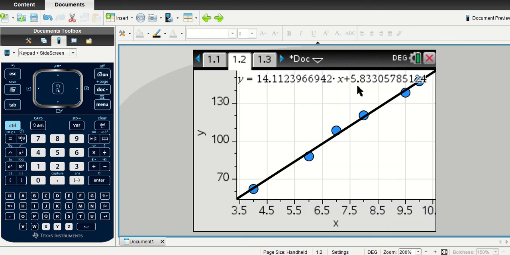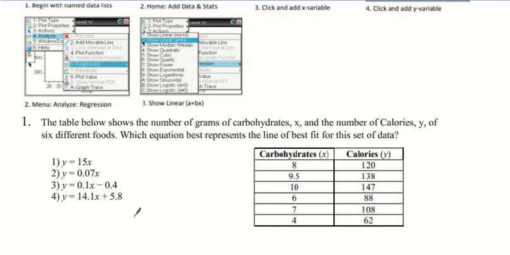Okay, now we can see the equation. So it would be the one that is choice 4. And if I wanted to predict any data, what if I wanted to know what the calories are for 5 carbohydrates? Since we're plugging in for X, we're just going to do Y equals 14.1 times 5 plus 5.8.